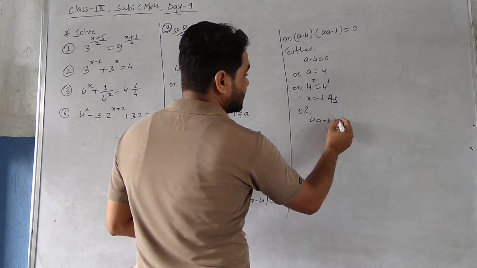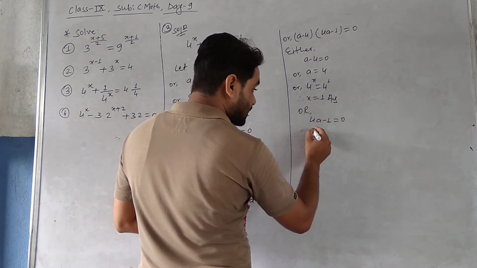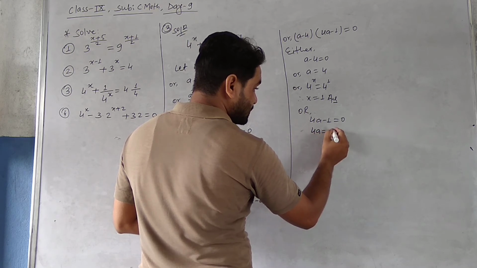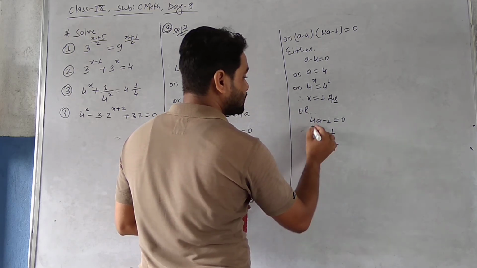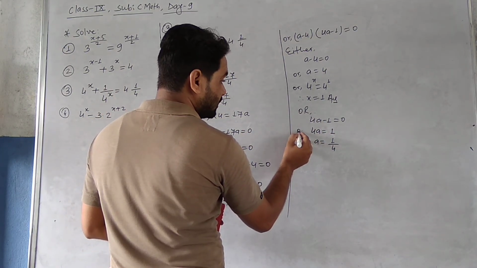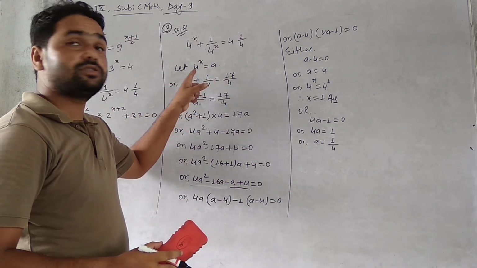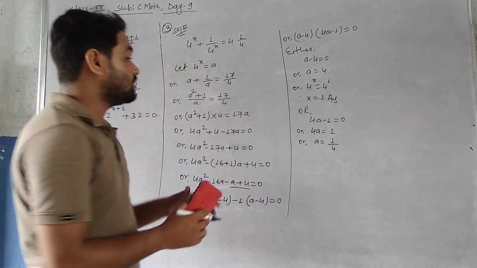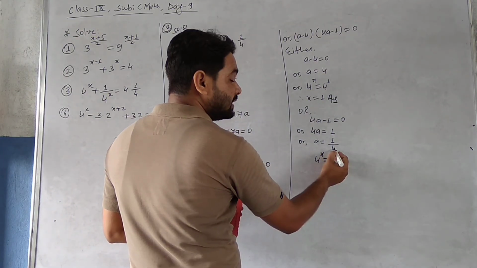4a minus 1 equals to 0. This is minus 1, this side it will become plus. 4a equals to 1 and a equals to 1 by 4. This 4 is multiplied, this side then it is divided. Now the value of a is 4 power x, so we write 4 power x equals to 1 by 4.